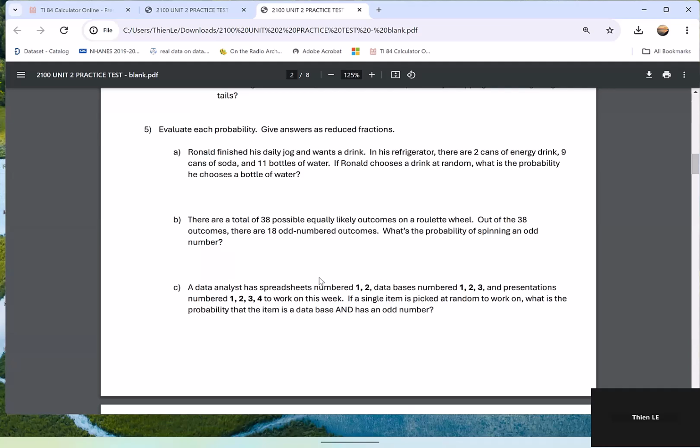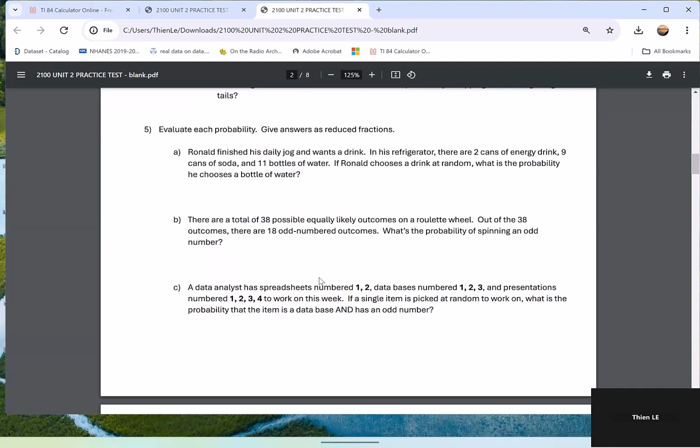And among the items, how many items do you have here? 2 items for the spreadsheets, 1, 2. 3 items for database, 1, 2, 3. And 4 items on the presentation, right?